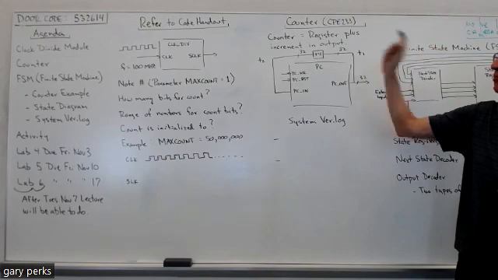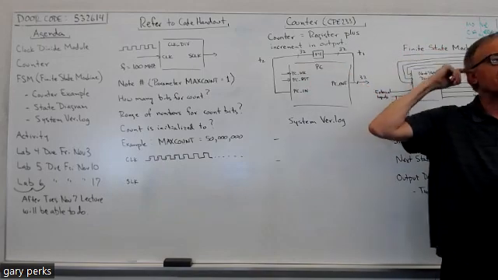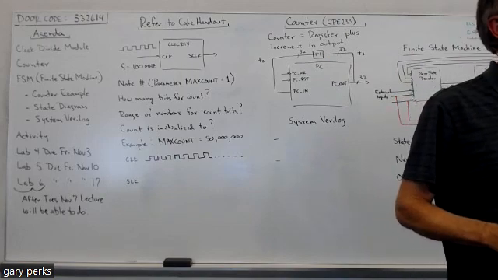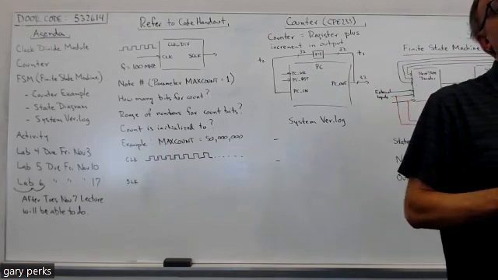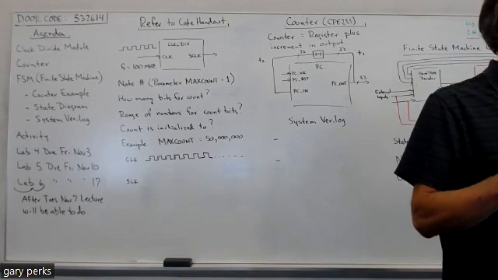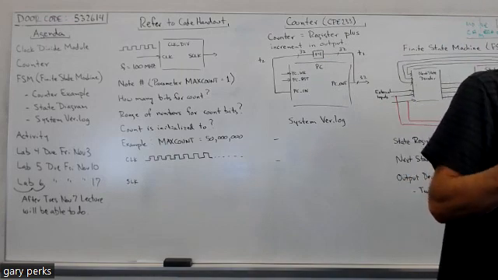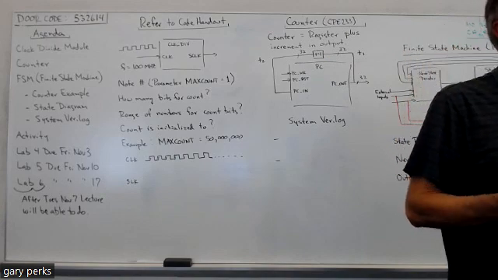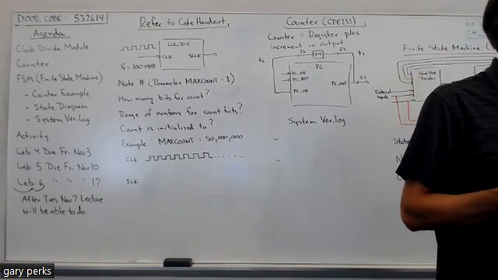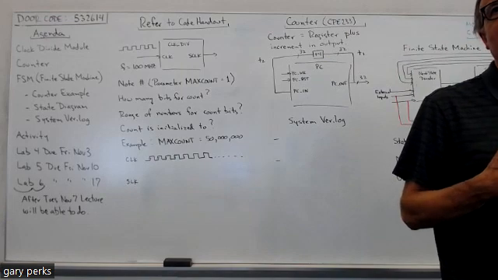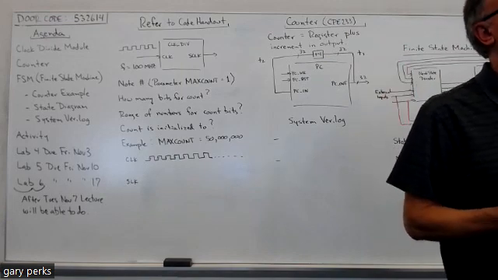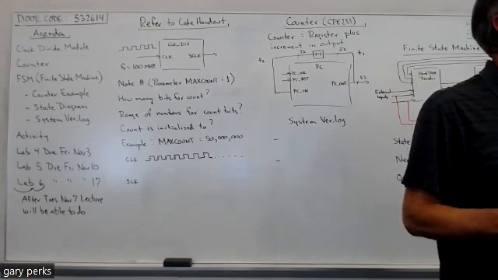Both of these, the clock divider and the counter, are often needed in the final team project. Now, for the final team project, you get to decide what to do, so it depends what you decide. But a lot of times people will do some kind of stopwatch or a clock of some sort, or a game where you want to keep track of something, and that's where counters can be used.